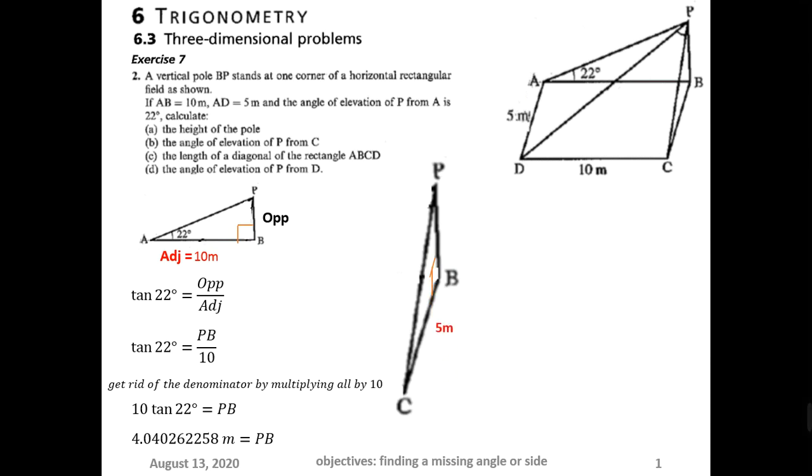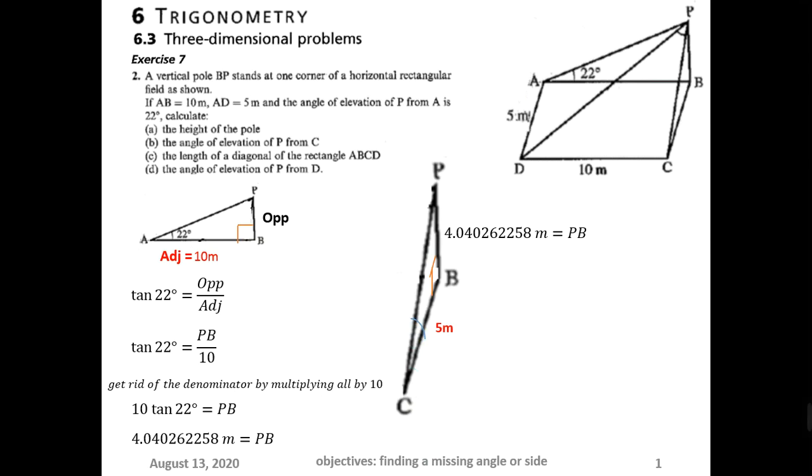And the 5 meter CB is given to me in the question. So this is 5 meters, and the BP, which is my pole, which I calculated in the first part of the question, is equal to 4.04. And this is my unknown angle, which is BCP, or we can say PCB.